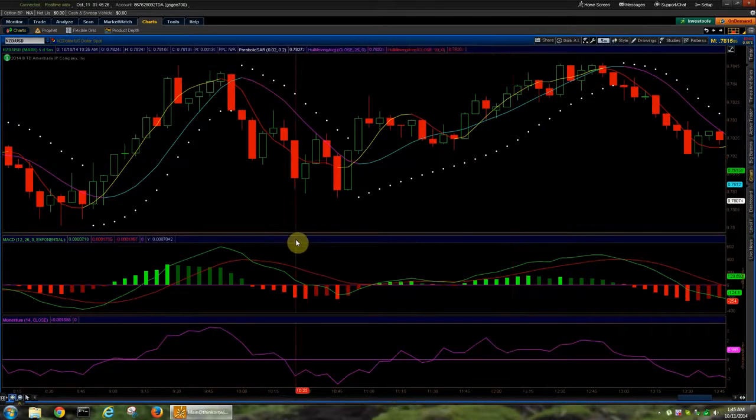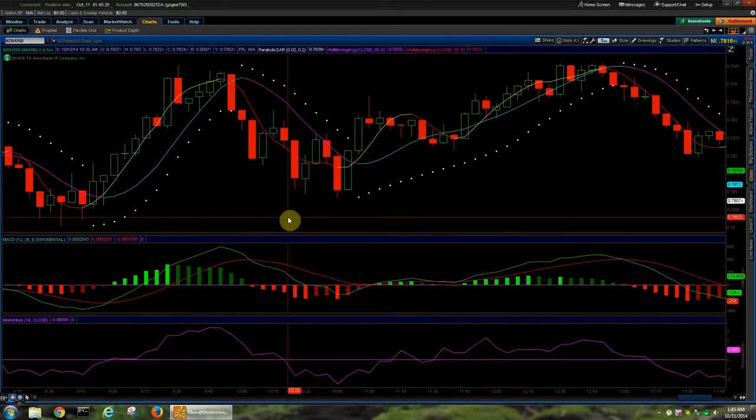So that's about it for this discussion of the strategy. The thing that you're trying to do is get in on the major uptrends and downtrends. Of course, nobody knows how long an uptrend or a downtrend is going to last.